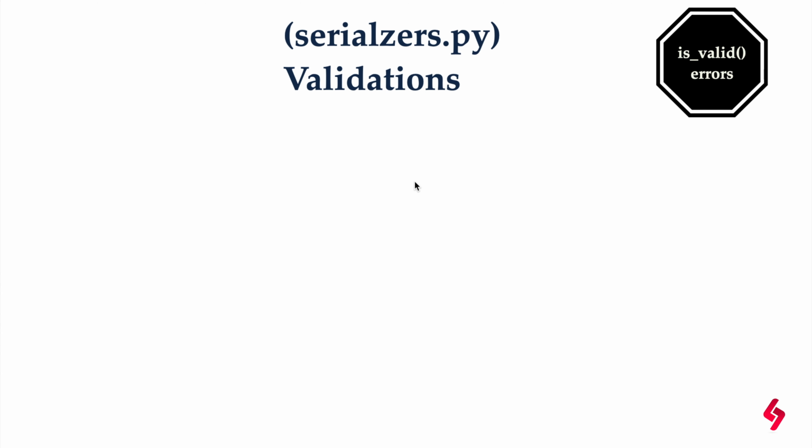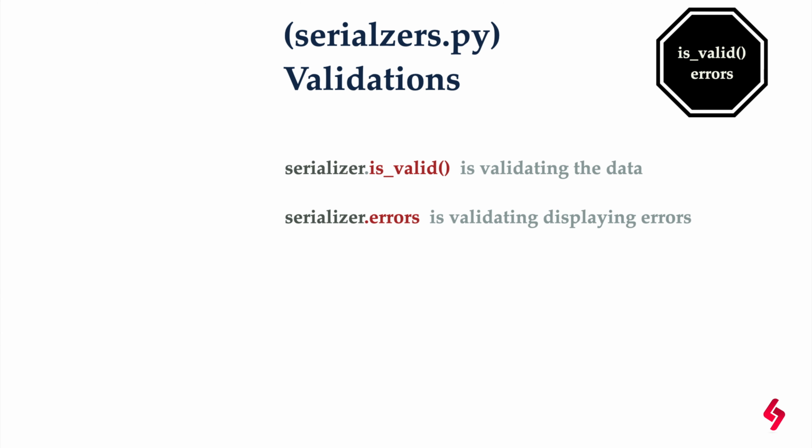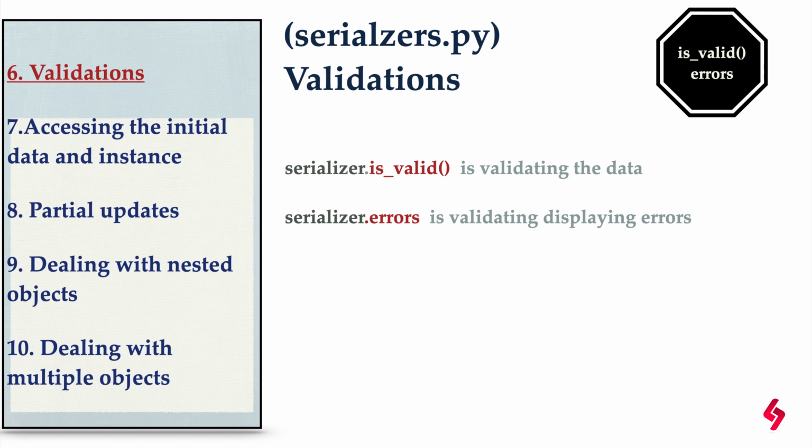Next, we are talking about validations. There are two important concepts here. One is the is_valid method, and the other one is the errors property. Just remember, both are not methods: is_valid is the method, errors is a property.